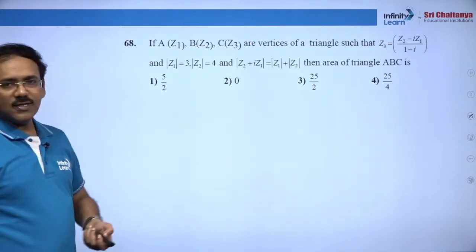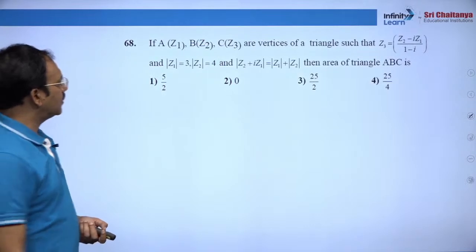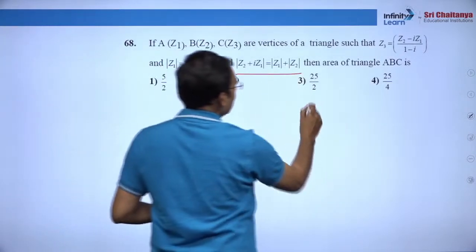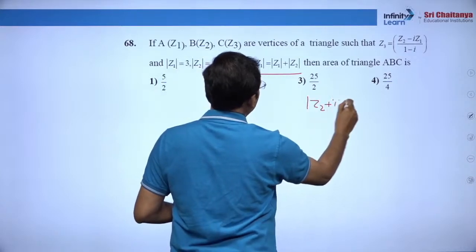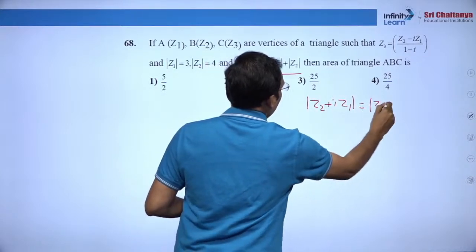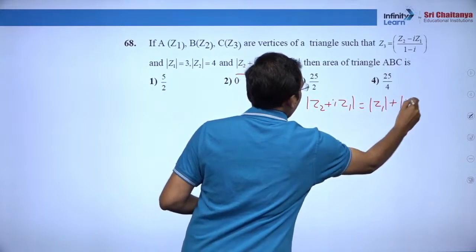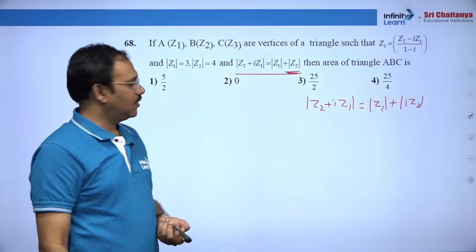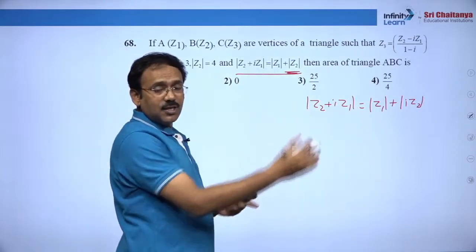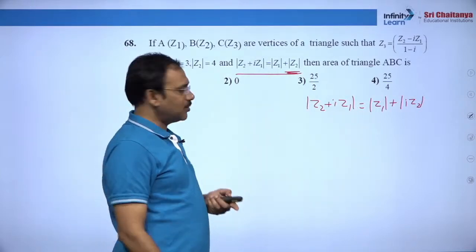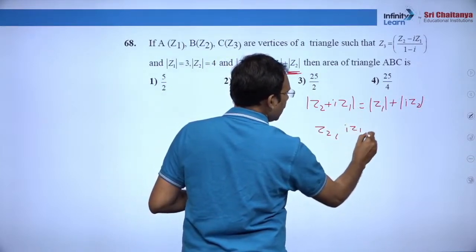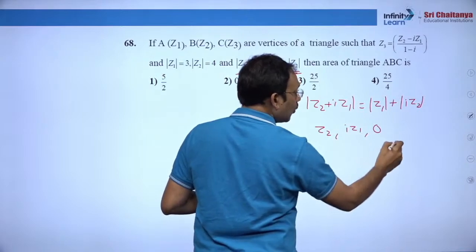Next, friends, this is another question from complex numbers. You can write mod of z2 plus i z1 is equal to mod z1 plus mod i z2. I can also write this statement like this because mod i is 1. So it is like mod z1 plus z2 is equal to mod z1 plus mod z2. In the sense, clearly, z2, i z1 and the origin are collinear.